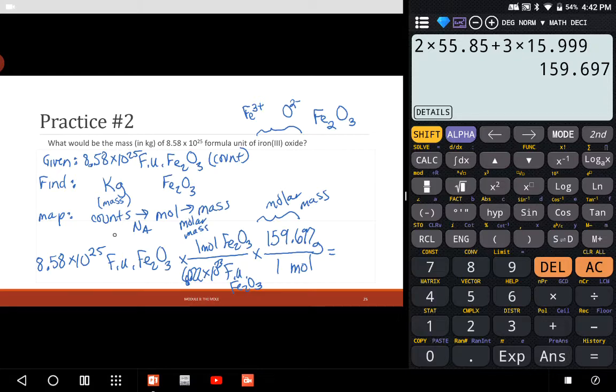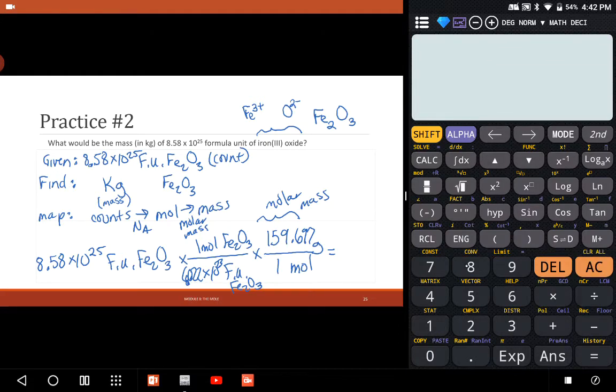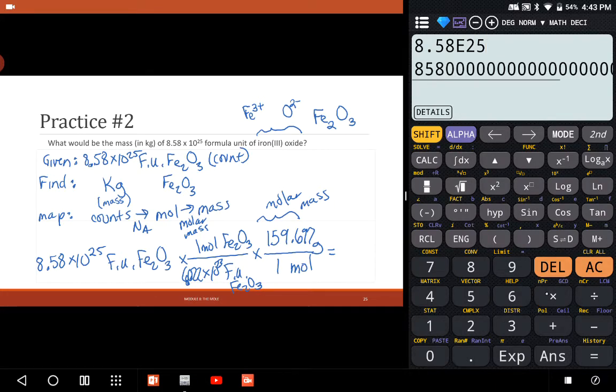Now I have this all set up, and so now I'm ready to type the full thing into my calculator. And so that is 8.58 times 10 to the 25th power times 1.